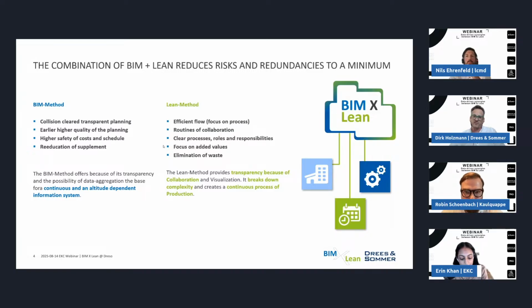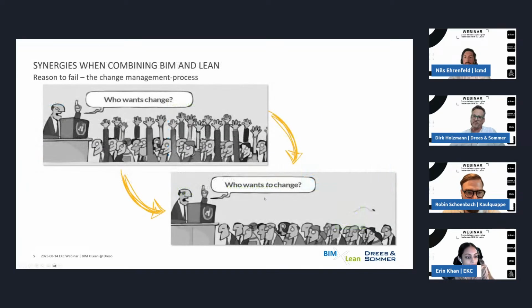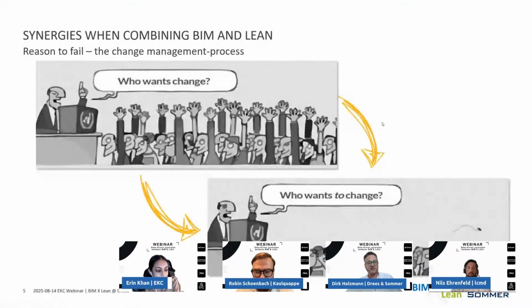But what both have in common is that the combination of BIM and Lean wants to reduce the risks and all your redundancies to a minimum. It cannot avoid everything, but it can reduce it to a minimum. And so at the next slide, I think the situation we're confronted with is that anybody wants change and innovations and stuff like that.